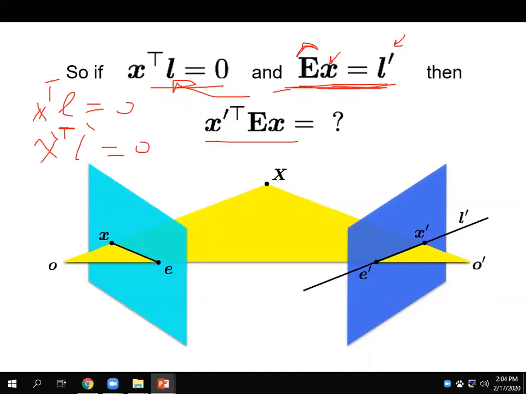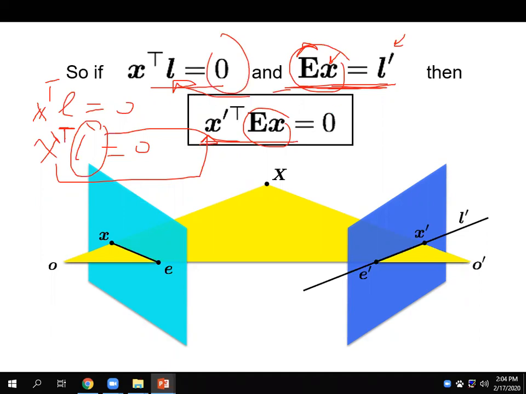It is the same things. So X transpose T, it is here. L dash, it is EX. So X dash transpose multiplied by EX will be equal to, we know, 0. Correct?